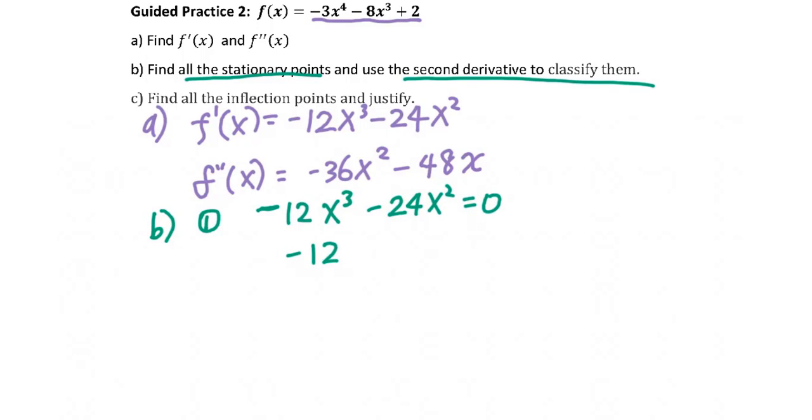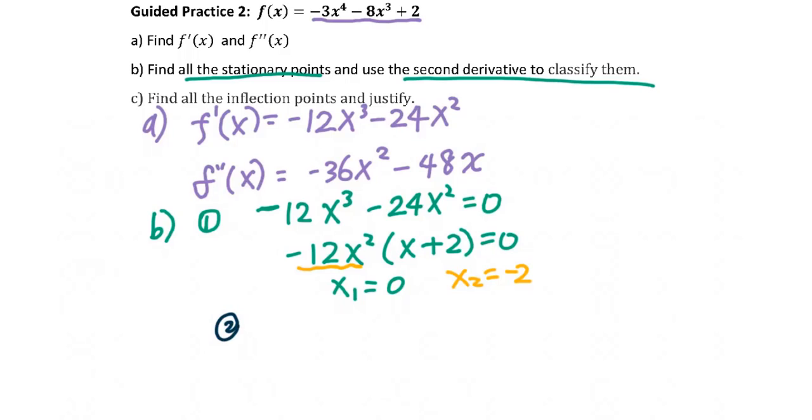We take a common factor, that is negative 12x squared. You will get x plus 2 equals 0. So x1 equals 0, because negative 12x squared equals 0, which means x equals 0. Then x2 equals negative 2.